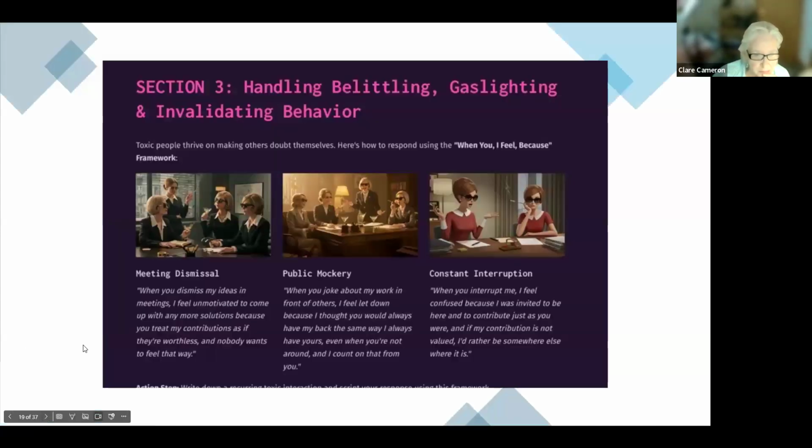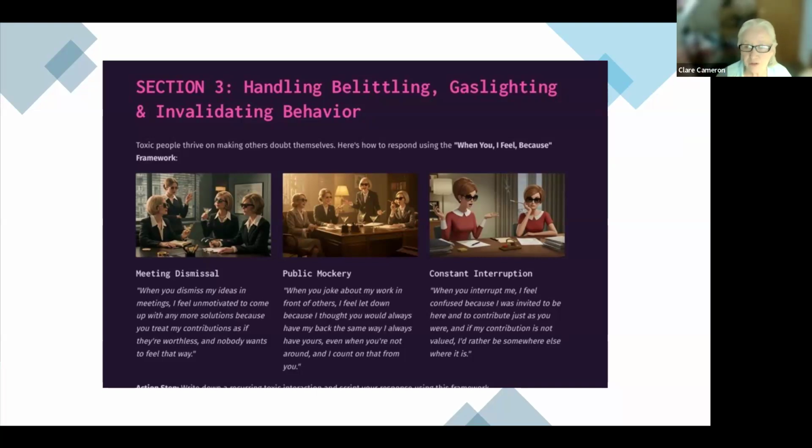Here's some examples. And if the whole thing feels too heavy and too clunky, you can just choose the first two.